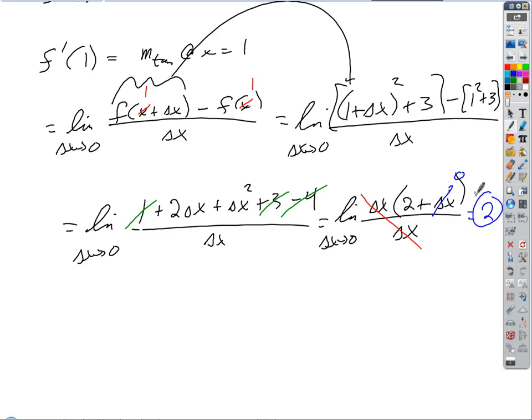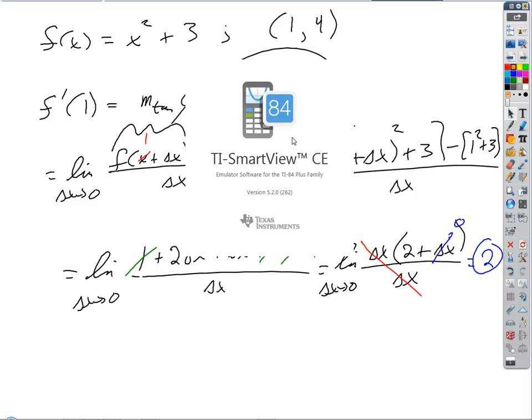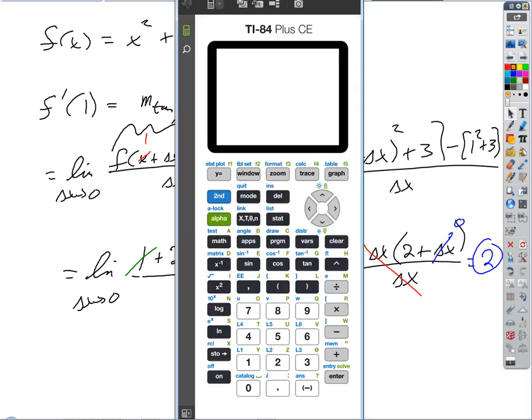So how about that? We know, and we can check this, the function x squared plus 3, and let's just look at this graphically. Let me show you a good little trick on your calculators while we're doing this.